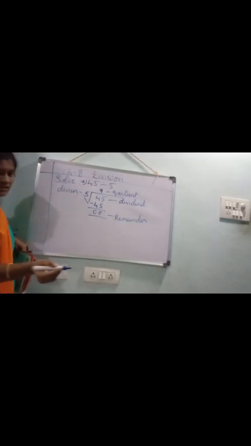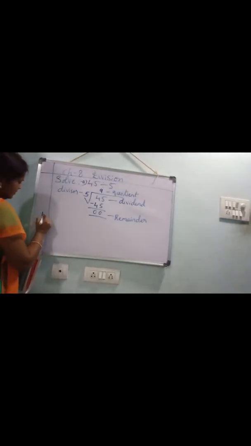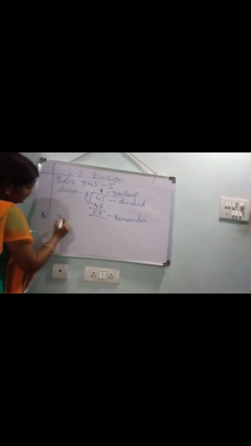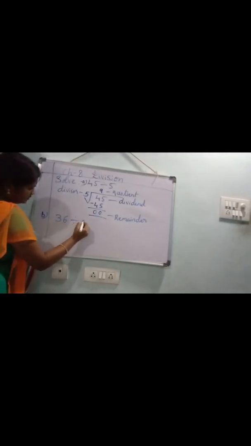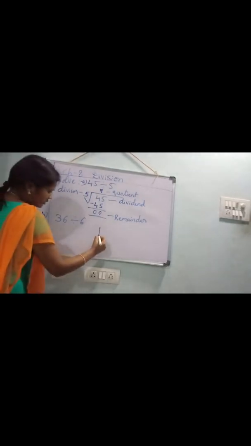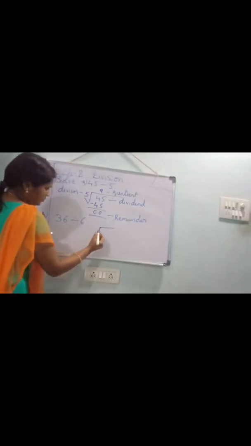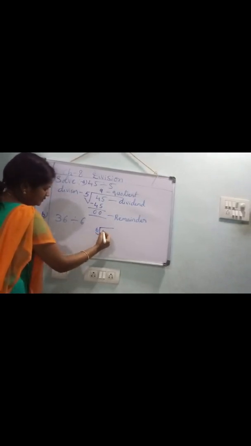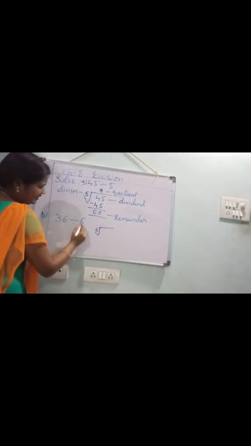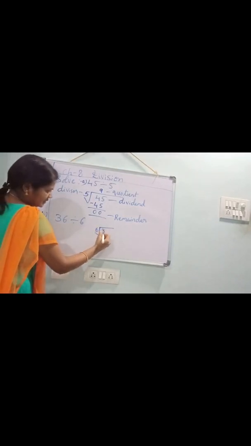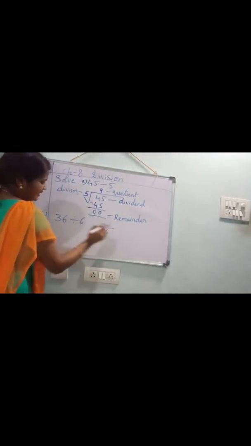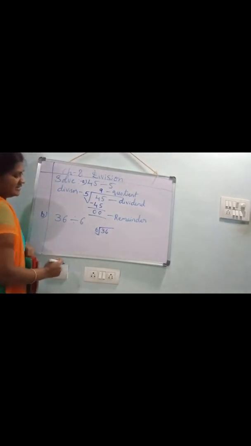Do it in the classwork, ma'am. See, how will we do this? Again, you should draw. 36 divided by 6. 36 is the dividend. 6 is the divisor.